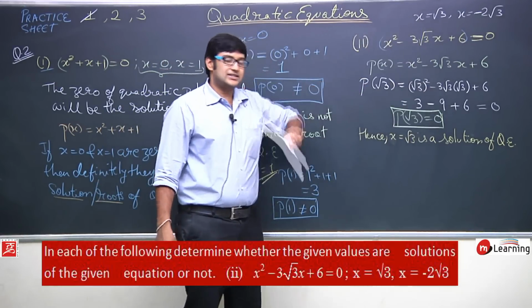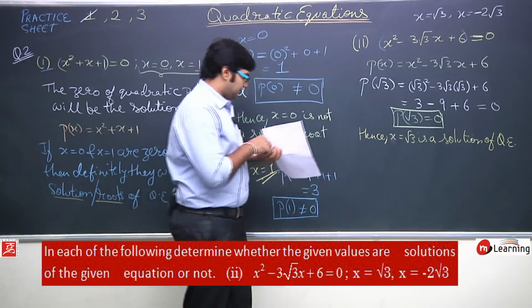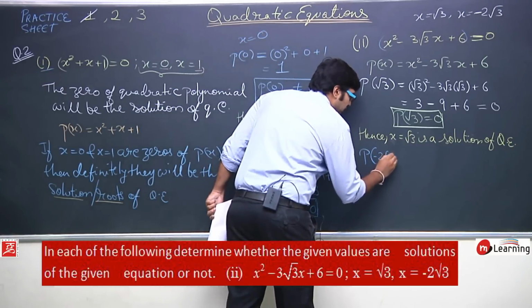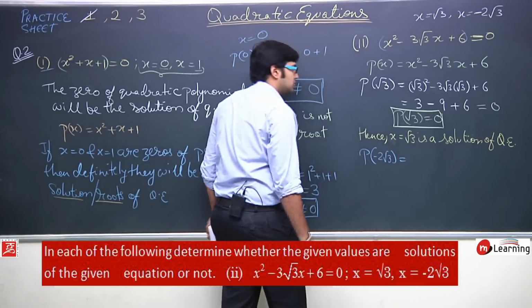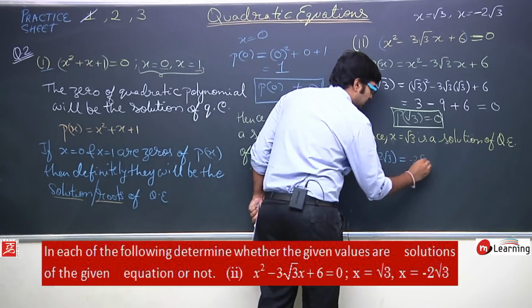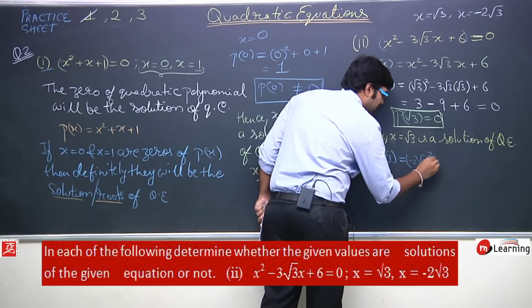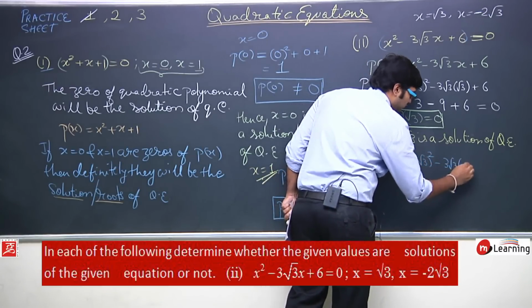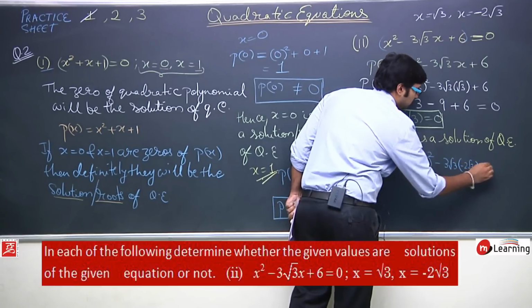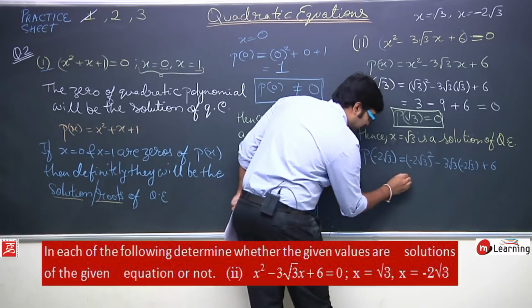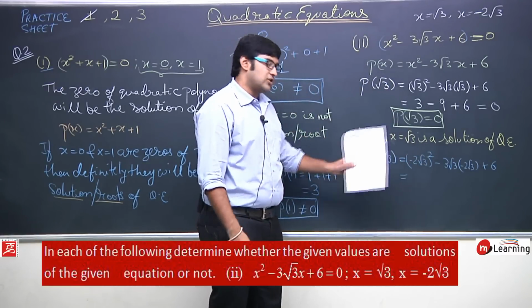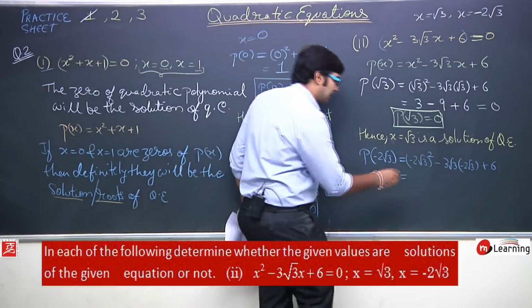Similarly, let us check x is equal to minus 2 root 3. So p of minus 2 root 3 will be equal to minus 2 root 3 square minus 3 root 3 into minus 2 root 3 plus 6, and this will give you 3 root 3 into root 3 is 3, and 2 2s are 4, so 4 into 3 will give you 12.